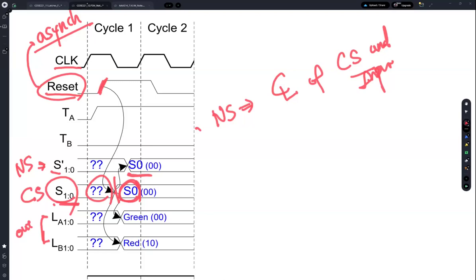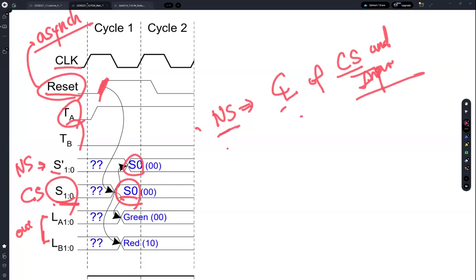Because the current state is unknown, the next state is also unknown. But when the reset becomes 1, the current state becomes S0, based on the definition. And then the next state is the combinational logic of current state and input. Based on the current state, we can also define the next state, because this is combinational logic.